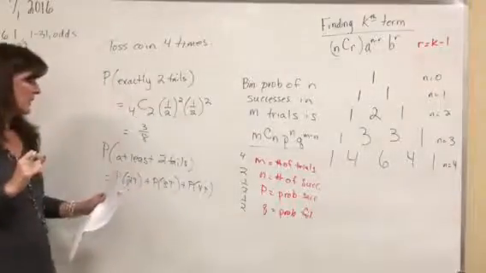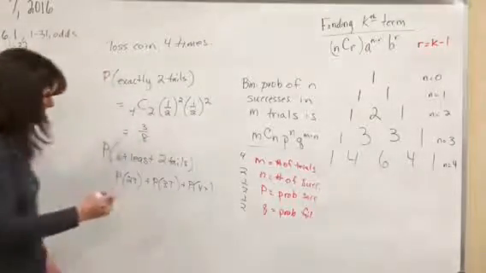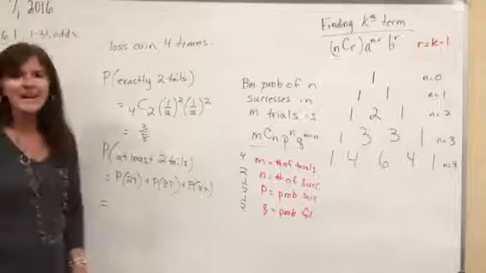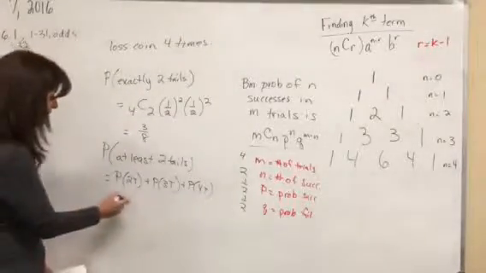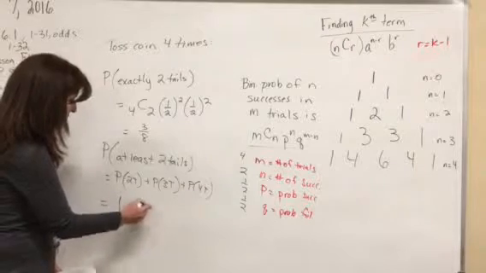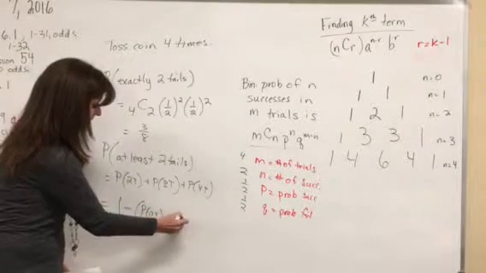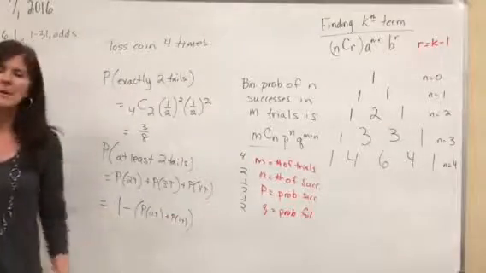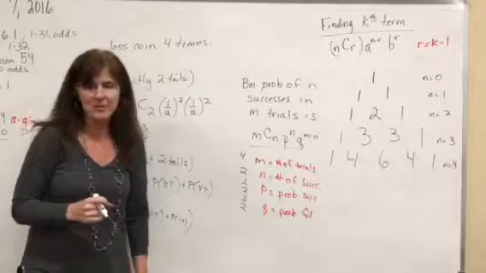What's the probability of less than 2 tails? Well, we figure that out, and then we subtract it from 1, and we get the probability of at least 2 tails. So it'd be 1 minus probability of 0 tails plus probability of 1 tail. And that's a little bit easier, but you can look at it both ways. So hopefully that'll help you when you do your homework.